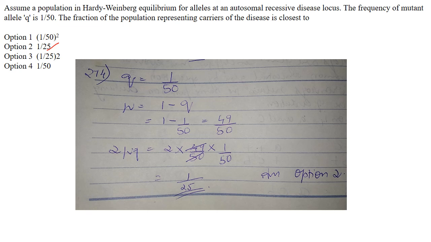They have asked for the population representing carriers, so 2pq, 2 into 49/50 into 1/50. If we assume 49 to be approximately 50, then they will cancel out and you will get 2pq as 1/25. So the answer is option 2.